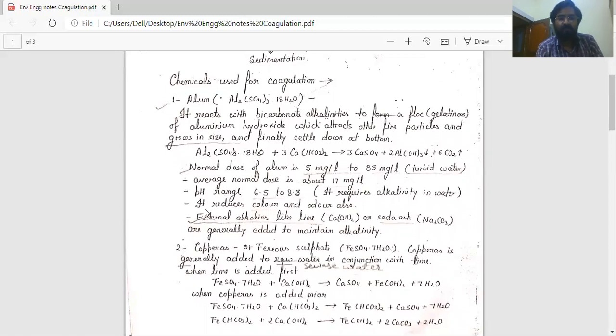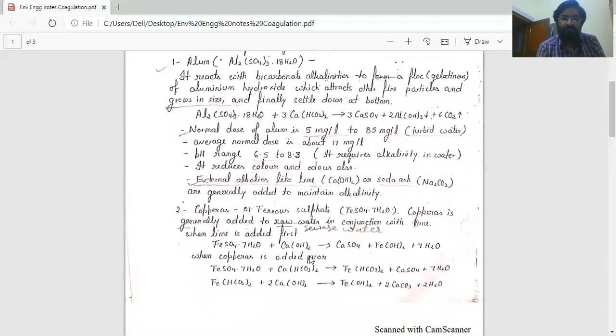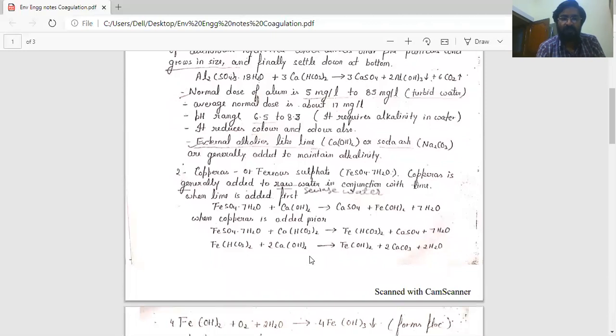Alum reduces color and odor also. External alkalis like lime, Ca(OH)2, or soda ash, Na2CO3, are generally added to maintain alkalinity if water has little alkalinity.